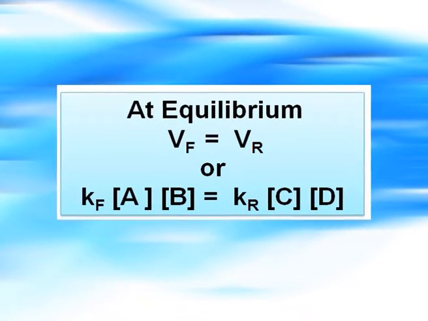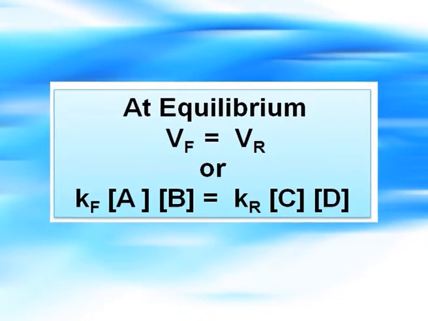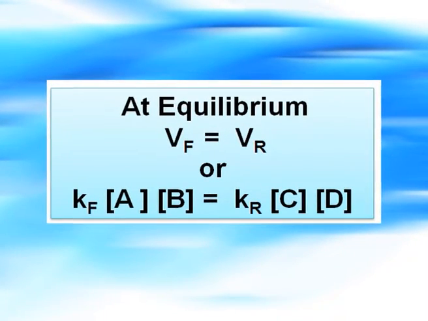Now, equilibrium is defined as a condition where the velocity of forward and reverse reaction equals each other.